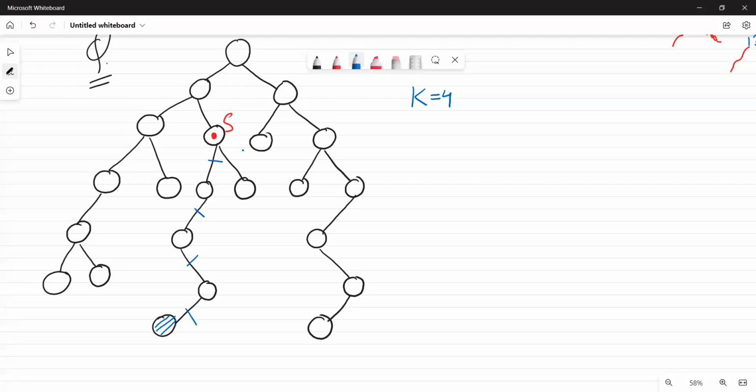Is there any from the left hand side? Okay, let me just make one.